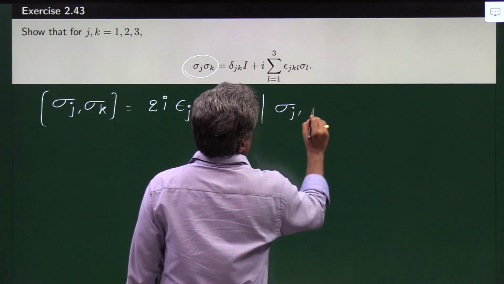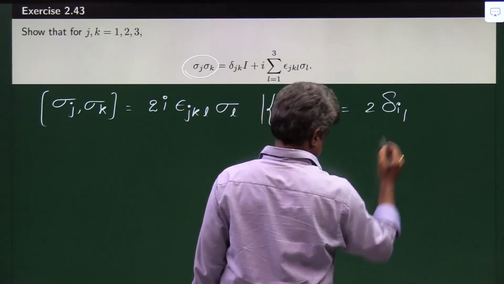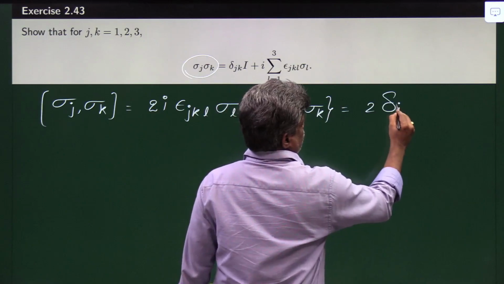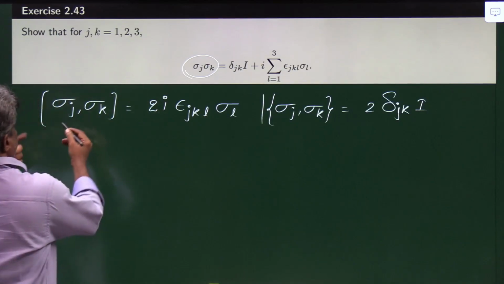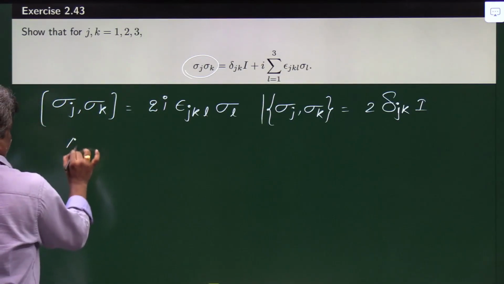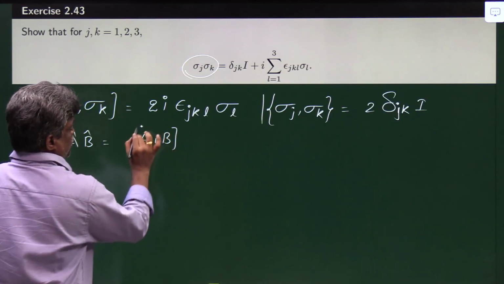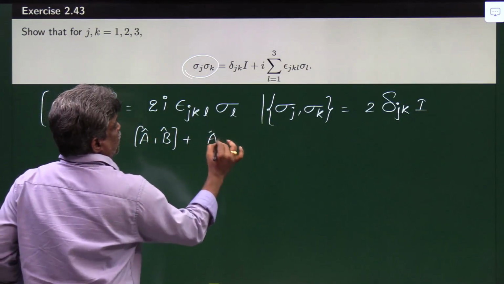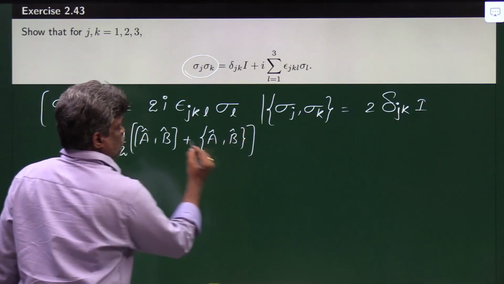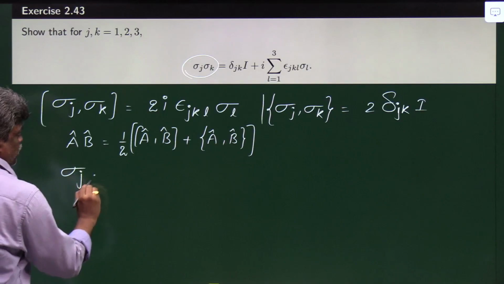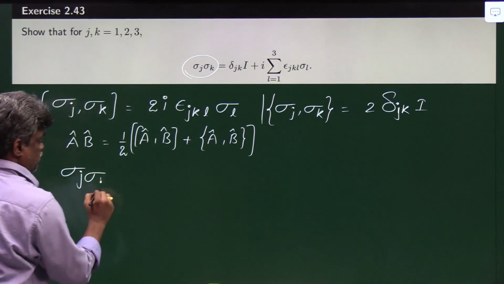The anti-commutator of sigma j and sigma k equals 2 delta jk I. In the earlier problem we have already shown that the product of two operators A, B can be written as a linear combination of the commutator plus the corresponding anti-commutator, divided by 2. I am taking the product of sigma j and sigma k, because that is what is being asked.